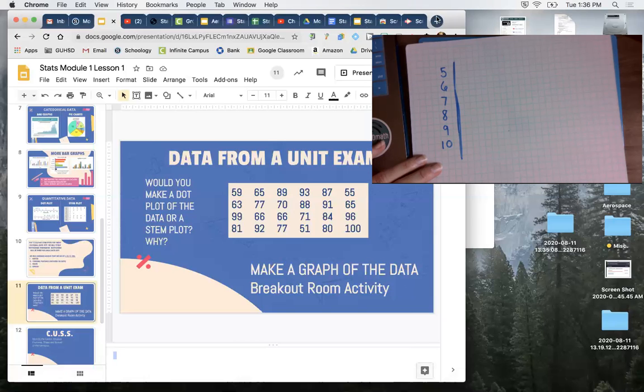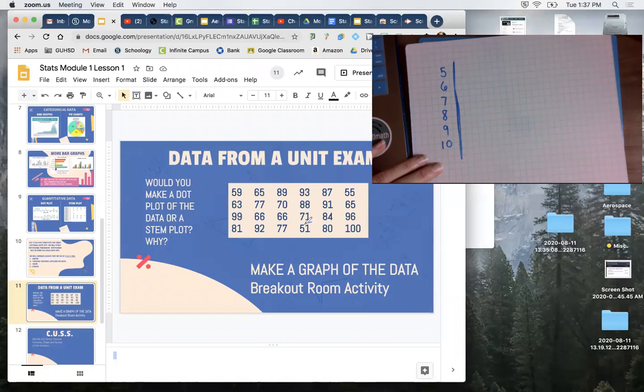Okay, so I am going to annotate, and I am going to do a draw, and I'm going to do a thin line, and now hopefully it will allow me to annotate. Let's see. Yep, it will. Okay, so I'm going to erase that really quick, and I'm going to annotate this. I've never annotated before. This is my first time, but I think it would be super useful for you to be able to do this as well.